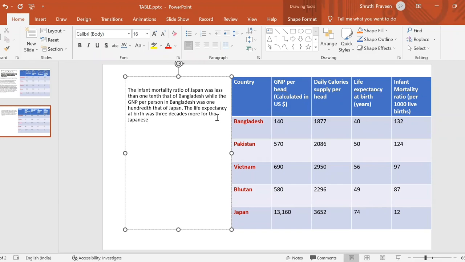So here you can write the life expectancy at birth was 3 decades more for the Japanese as opposed to the Bangladeshi. This is also another way of writing the data. Instead of writing Japan, Bangladesh, you can also write about the nationalities. So that is the end of your writing task.